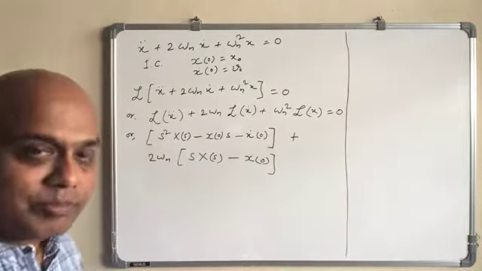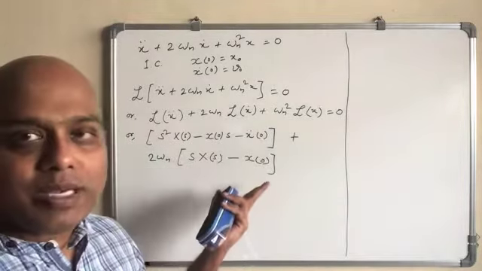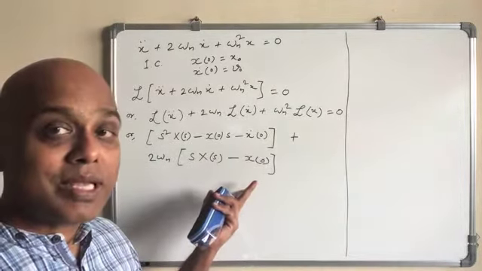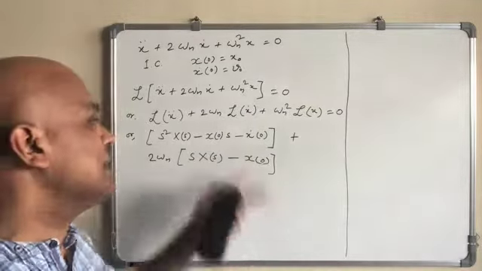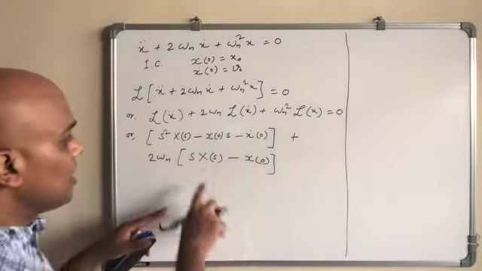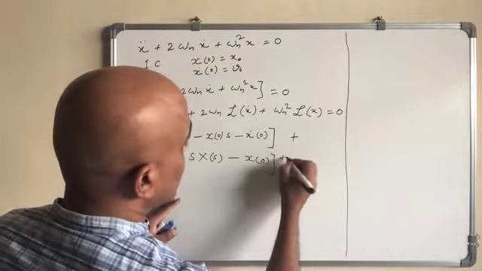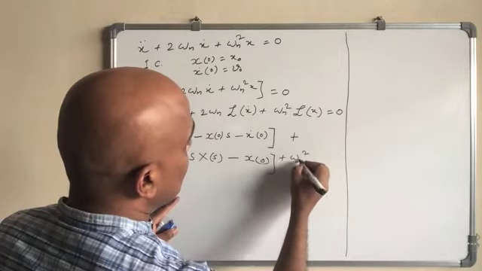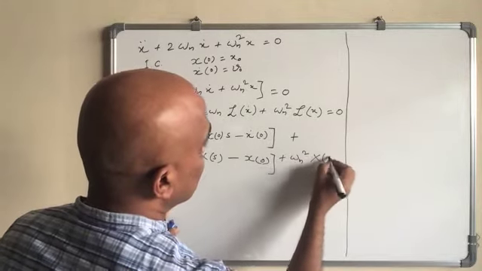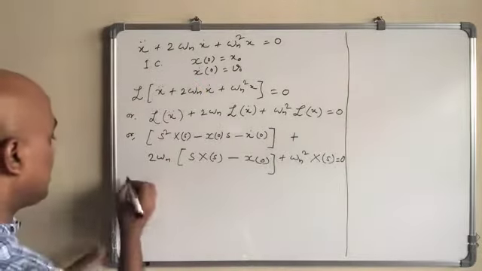If you want to quickly look at it, you can go to Wikipedia, search for Laplace transform, and you will find a table which gives you these properties. So this is easy to get. Then we have s X(s) minus x naught, plus omega n square X(s), equal to 0.